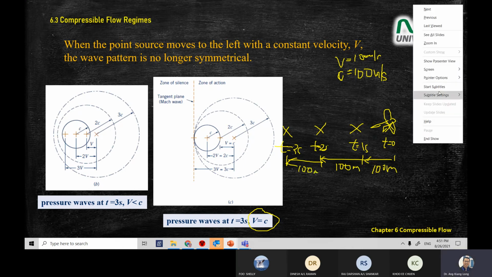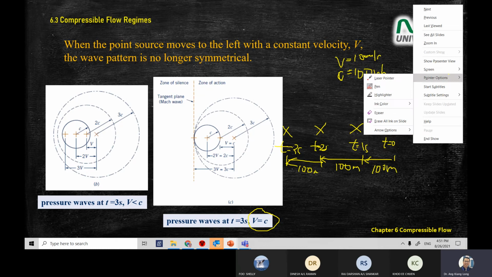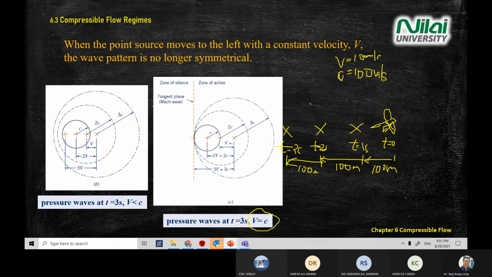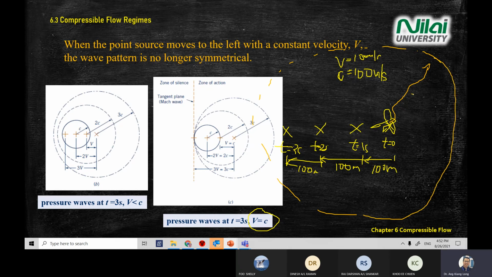So let's draw the wave generated after 3 seconds. I'm going to draw using a different color now. After 3 seconds, what will be the distance traveled by the original wave that you generated? After 3 seconds, the wave will reach 300 meters.